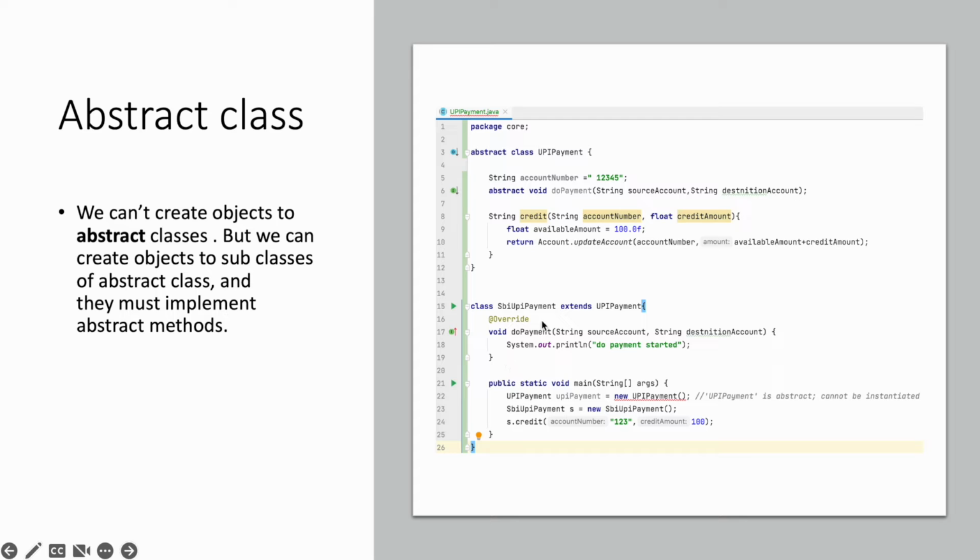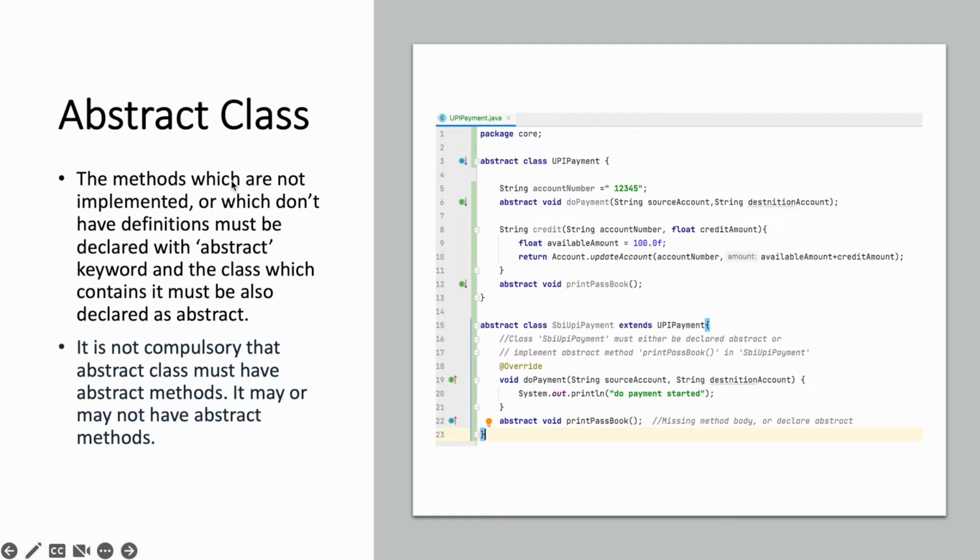We are able to create objects for the subclasses, and by using this object we can call the abstract class methods. The methods which are not implemented or which do not have definitions must be declared with the abstract keyword, and a class which contains an abstract method, that class also should be declared as abstract.